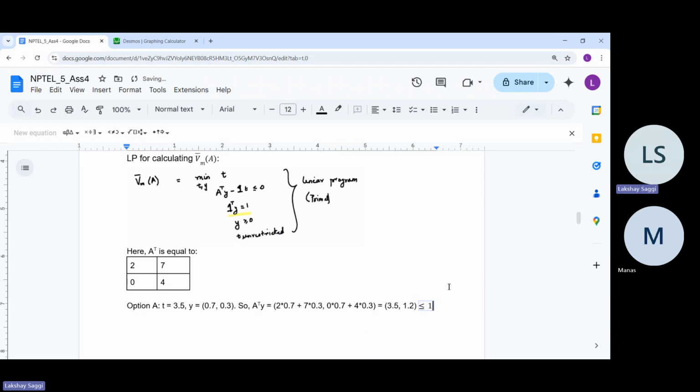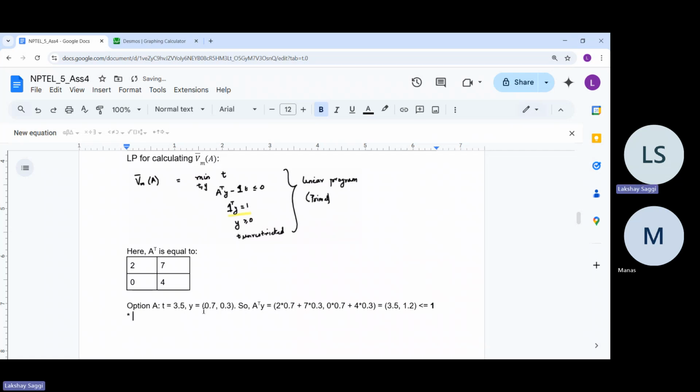Maybe I'll just write it as 1 times 3.5. No, this doesn't look nice. I'll just write it like this. So this one in bold denotes the one vector, 1 times t.